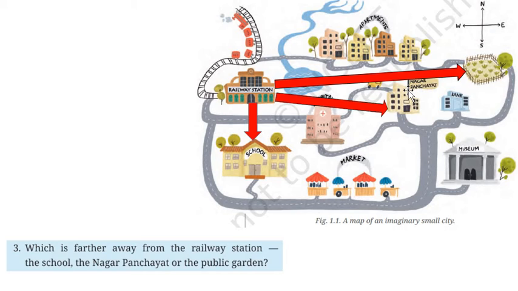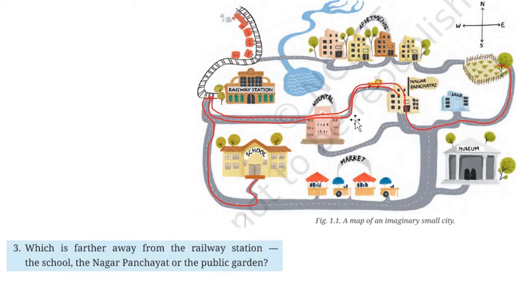However, if we talk about practicality, that means you have to walk, or you can use a car or a vehicle while traveling from the railway station. Then see, this is the entire distance to school, this one is the entire distance to Nagar Panchayat, and this is the longest route, to the public garden. So from this land distance you can clearly say that again the public garden is the farthest one.